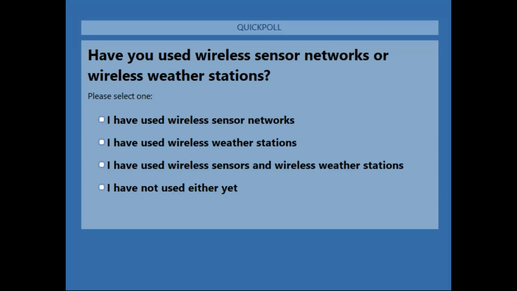So if you've used wireless sensor networks or wireless weather stations, please click the appropriate box, or if you use both or you haven't used either. Let's see, how's it looking? Okay, good. Give me another second.